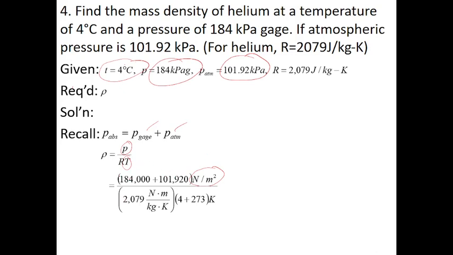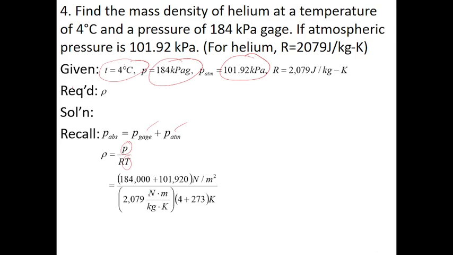Okay? Then we divide it by the gas constant for helium, 2079 joule is 1 Newton meter, per kilogram Kelvin. Then we multiply it by absolute temperature, which is 4 degrees Celsius, adding 273. That will now be converted to Kelvin.